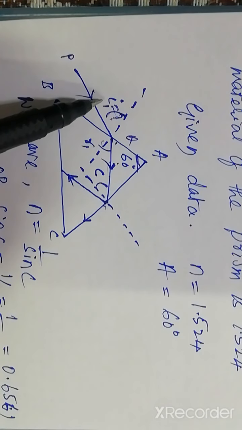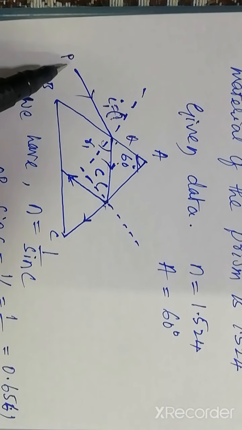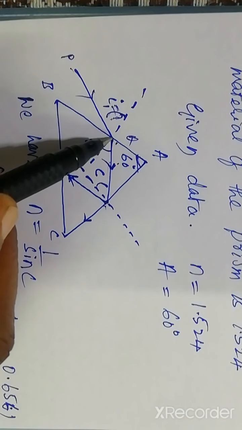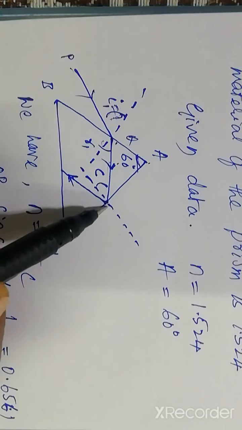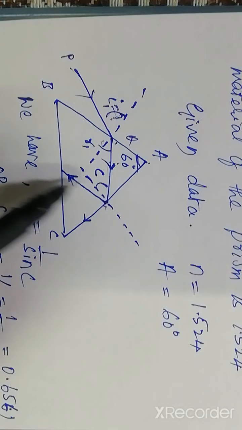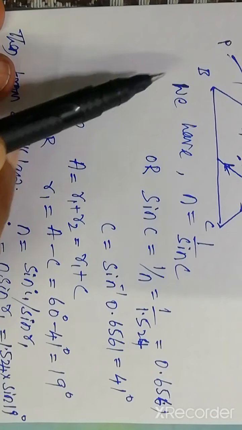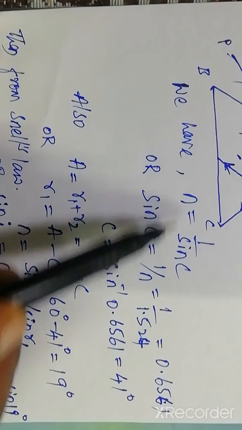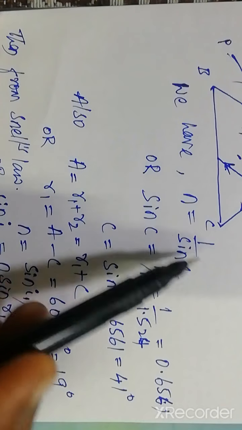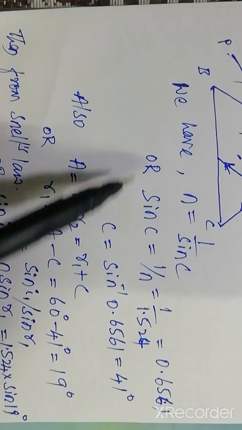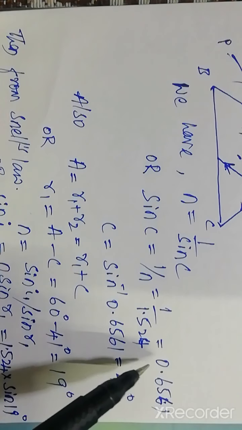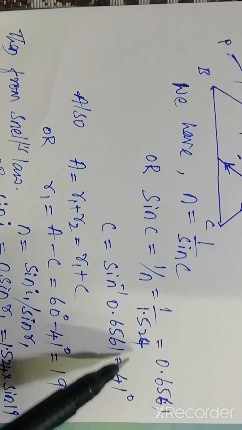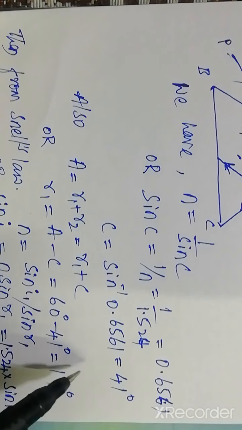Means you are asked to calculate at what angle a ray of light must be incident on the surface AB of the prism for light to just suffer a total internal reflection at the other face. So we have a relation connecting refractive index and critical angle: n equals 1 by sin C, or sin C is 1 by n, 1 by 1.524, which comes out to be 0.6561.